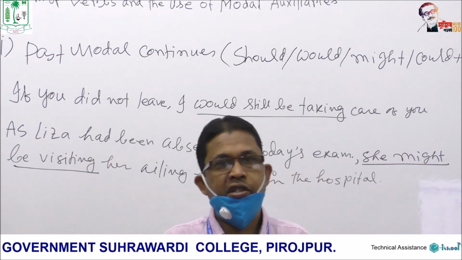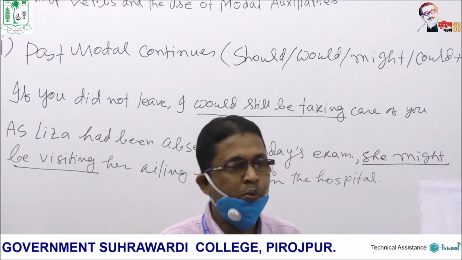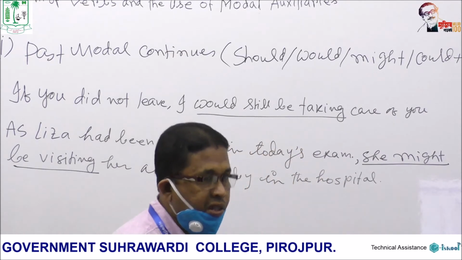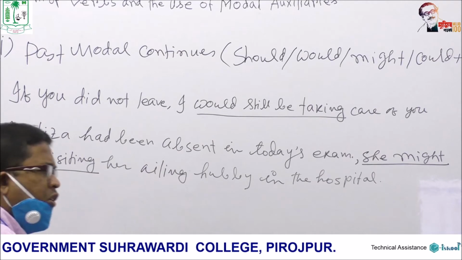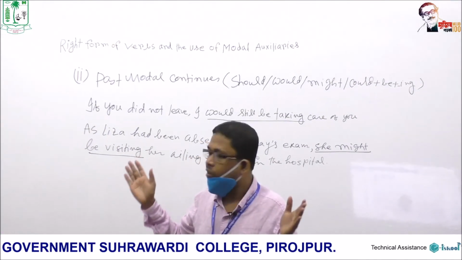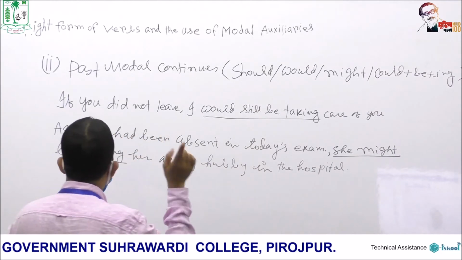We should use past modal continuous at this stage. I am trying to explain the context in which we are to use this formula, this structure. Just look at the examples.